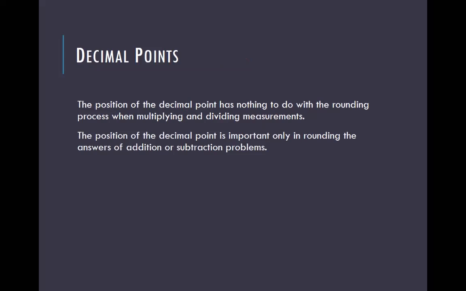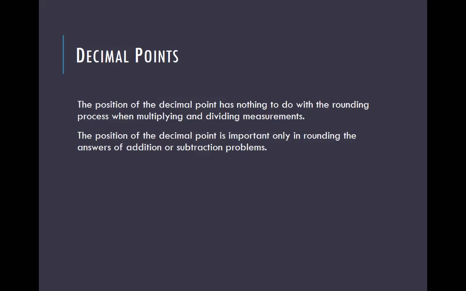The position of the decimal point is important only in rounding the answers of addition and subtraction problems, not multiplication and division. I want to do a couple quick examples here, and then I will let you go. So get out a scratch piece of paper, and let's do some practice problems really quickly.